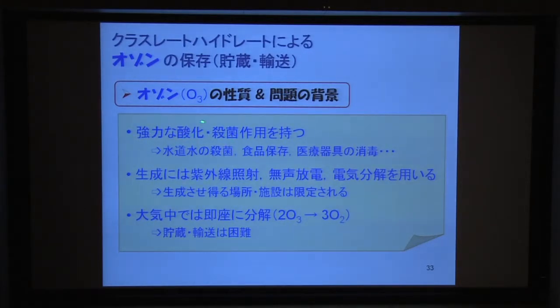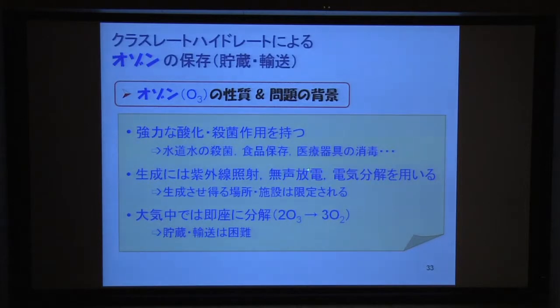As you may know, ozone has a very strong oxidization and disinfection power, so we can sterilize tap water or use it for food preservation, especially for sashimi in Japan, these local fish. And also for the disinfection of medical equipment or for the production of semiconductor devices.